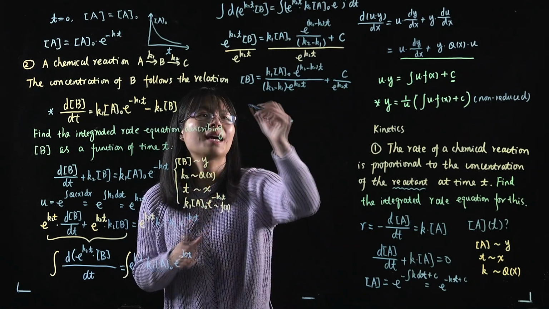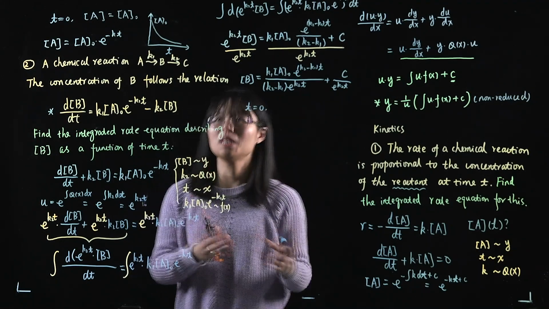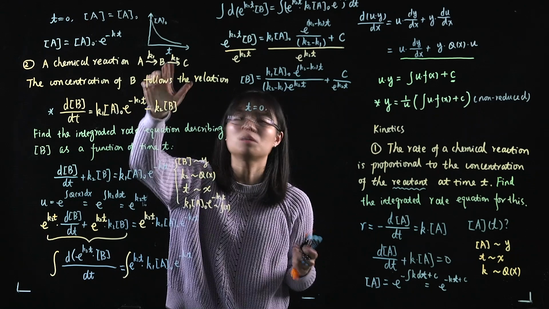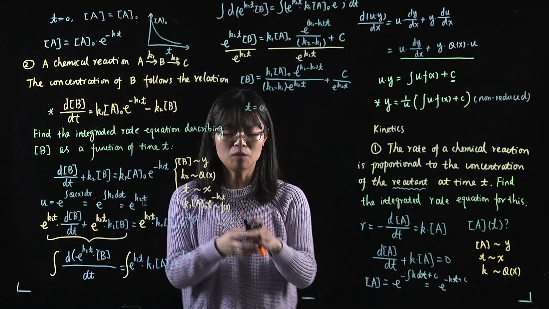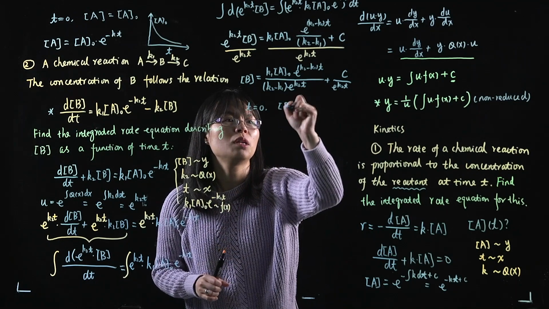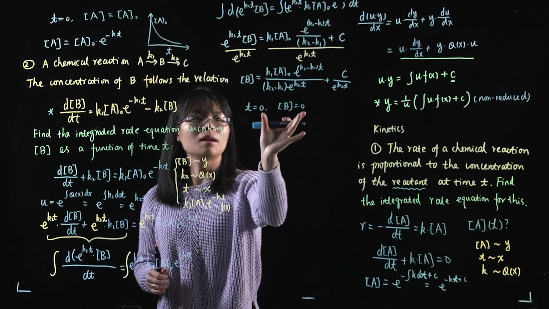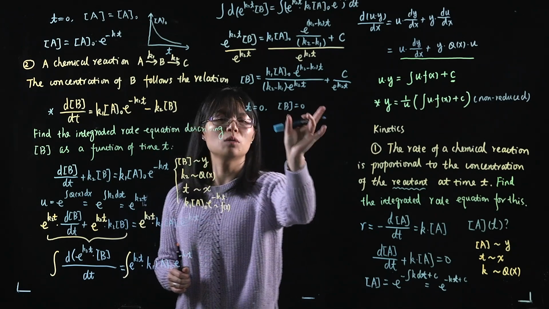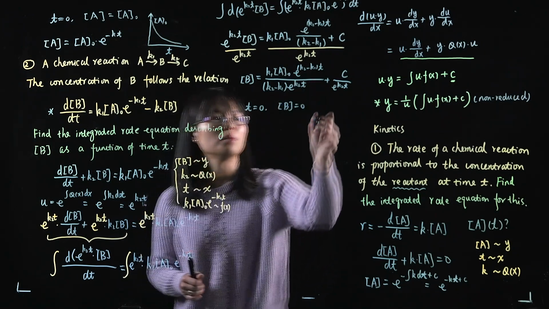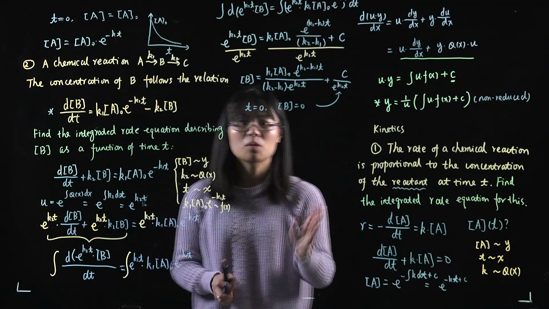If we plug in t equals 0, B is the intermediate species which has not been formed yet, so the concentration of B should be equal to 0. If you plug in t equals 0 and B equals 0 into this equation, you should be able to solve for C, and you can work on this by yourself.